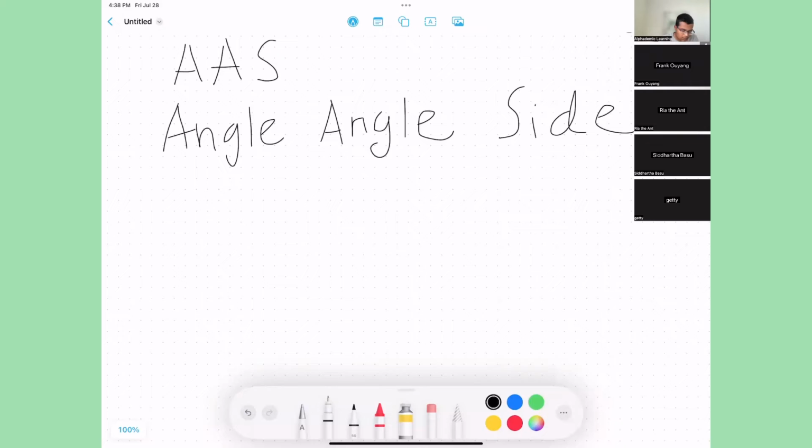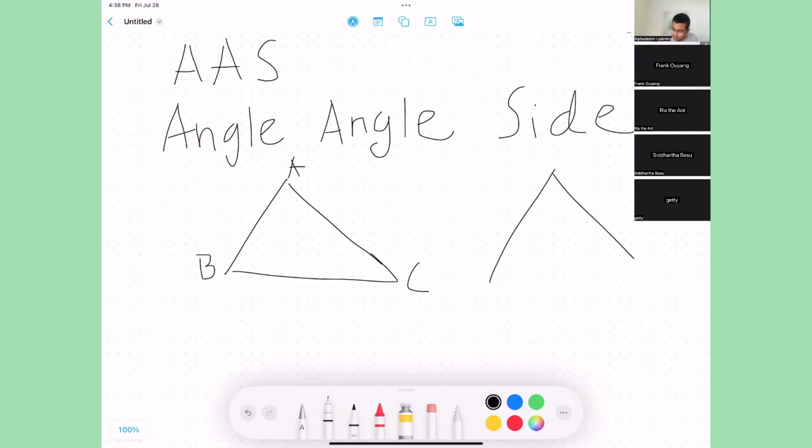If I have two triangles again, say ABC and XYZ, and two angles that are equal to each other, like this angle is equal to this angle, and this angle is equal to this angle.